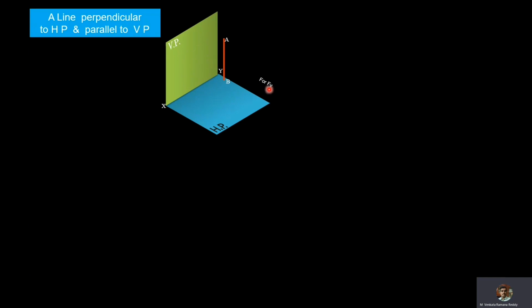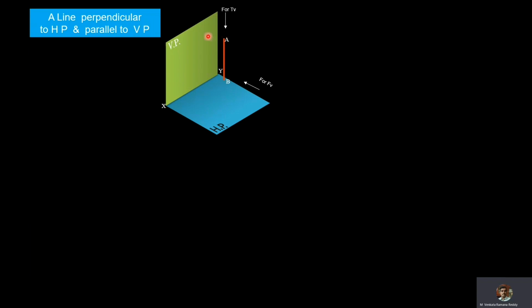This is the direction of the front view, and this is the direction of the top view. In the case of front view, we'll see the position of the line with respect to the HP. This end B is a certain distance from the horizontal plane and the total length is visible in the front view.